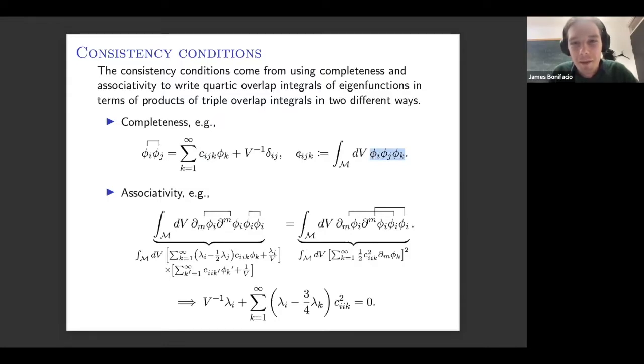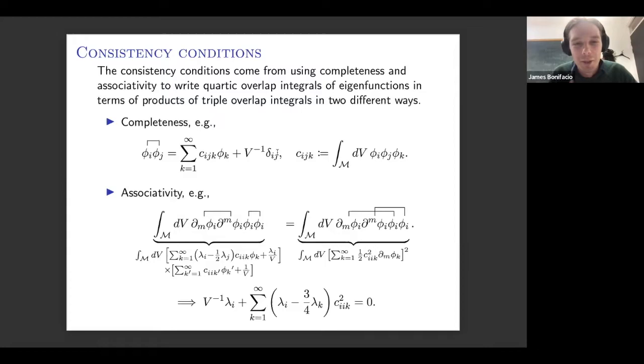This is what I mean by a triple overlap integral in this talk. And here I've separated out the non-constant eigenfunctions from the constant eigenfunction.